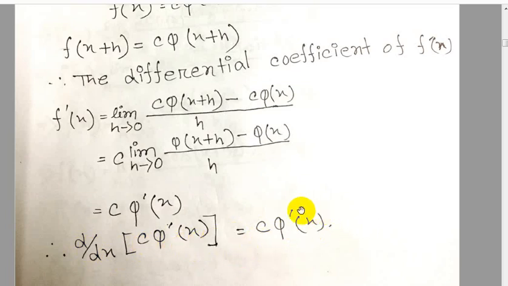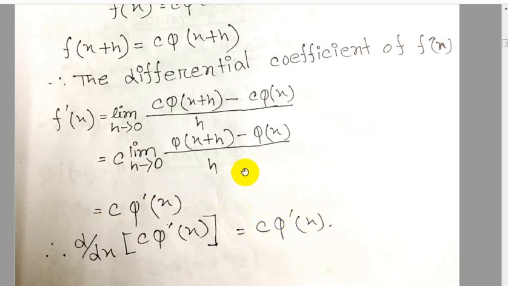That means if you have any function like 4x, and you want to take the differential coefficient of 4x, you'll take 4 out of d/dx this way, and you can differentiate x as a whole. You can just take c out of the differential term if it is in a multiplied form.